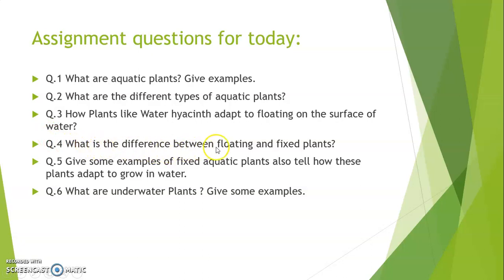What is the difference between floating and fixed plants? Question 5, give some examples of fixed aquatic plants. Also tell how these plants adapt to grow in water. And what are underwater plants? Give some examples. We'll continue the chapter in the next video.